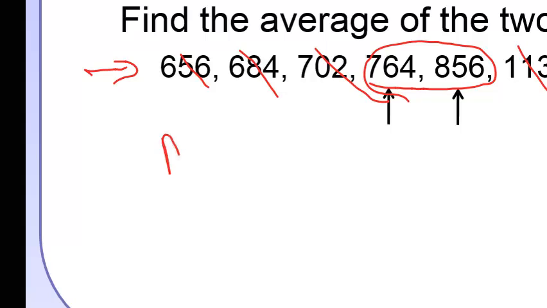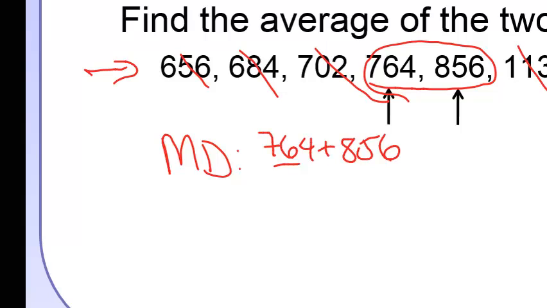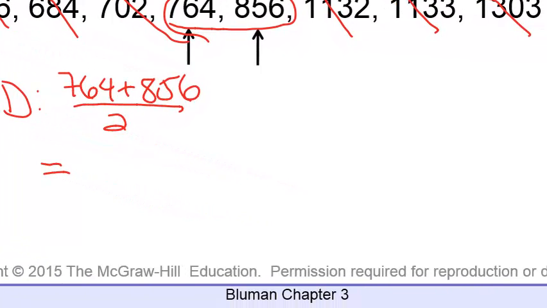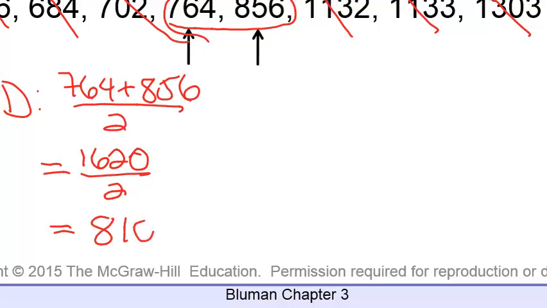So what I'm going to do is the median is going to be 764 plus 856 divided by 2. And that gives me 1620 divided by 2. So my median in this case is going to be 810.